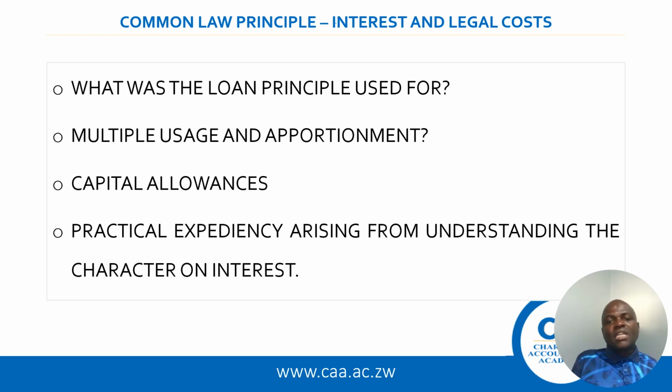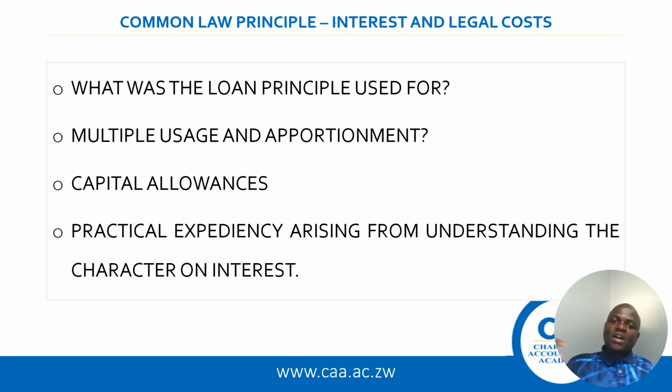So for tax purposes, you cannot get a deduction for something that you have not yet incurred. So there has to be a practical way, arising from the character of interest, of getting that deduction. Because at year end, the year of assessment, this loan arrangement could still have a loan balance outstanding.